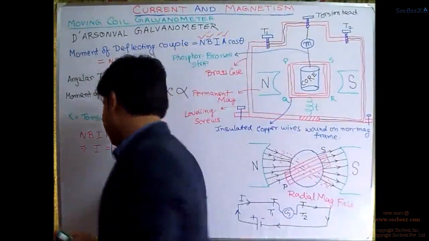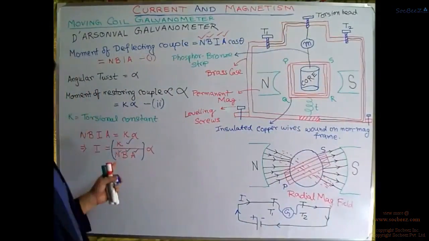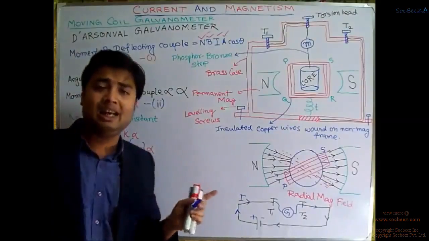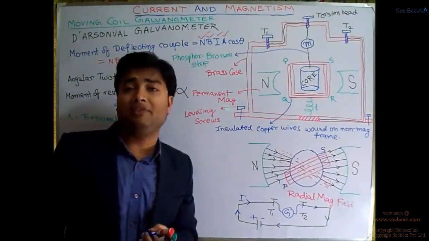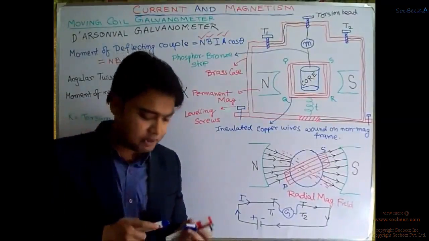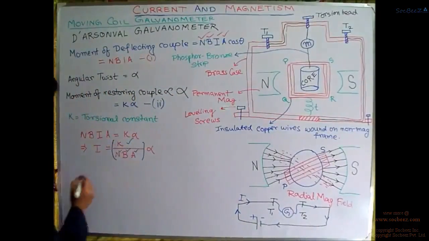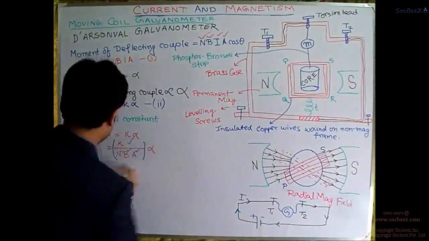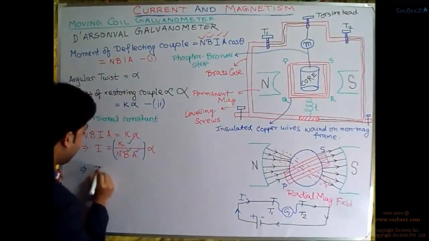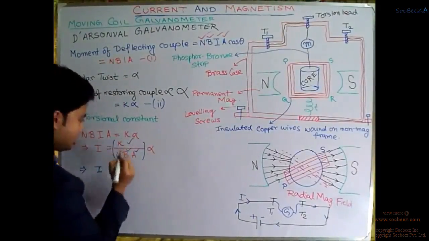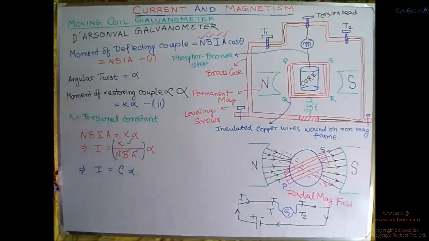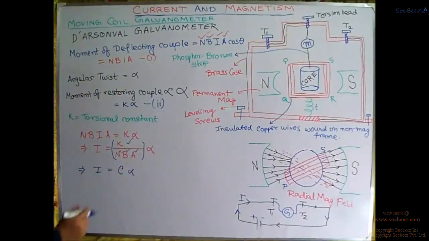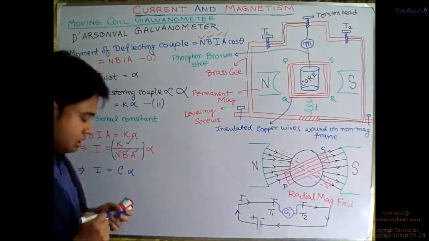So we can say that K divided by NVA is another constant and we can give it the name of capital C. So we can write over here that I is equal to C alpha, where C is again a constant.